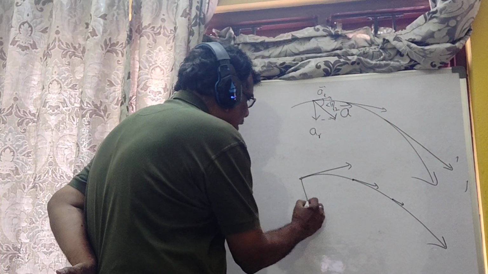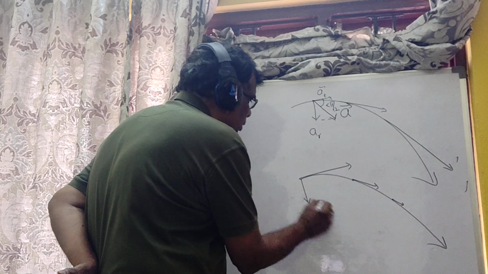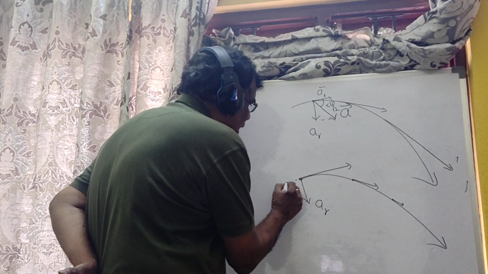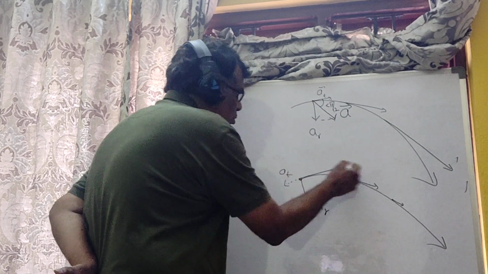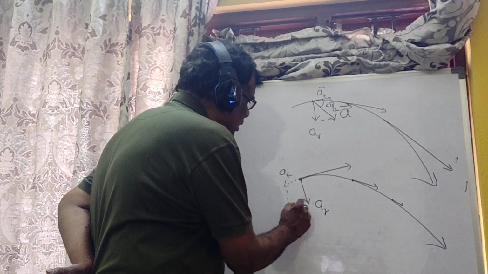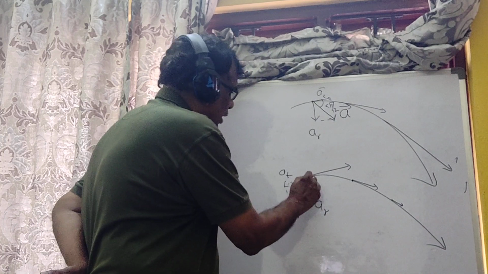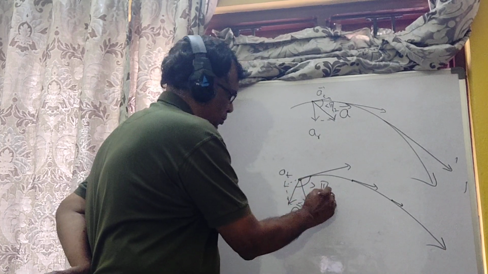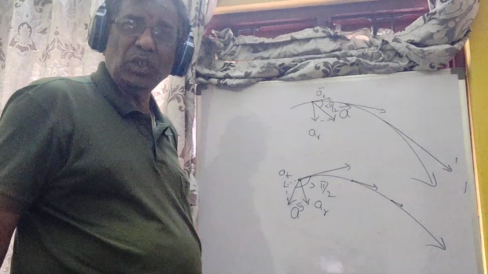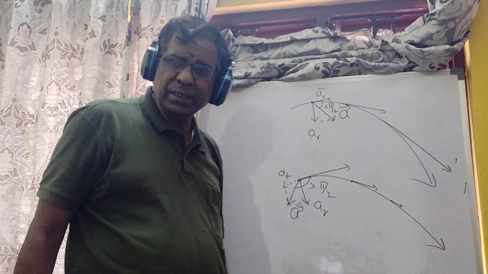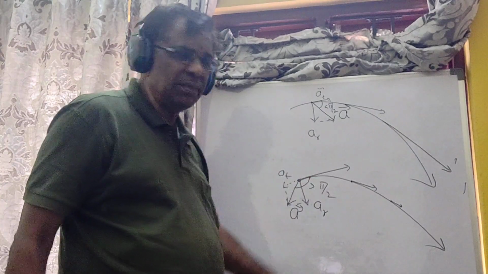If I take it here, as usual, AR is perpendicular, but AT is opposite to the direction of motion. This is the total acceleration. What is the angle between these two? It is an obtuse angle. So when you have an obtuse angle, what does it convey?